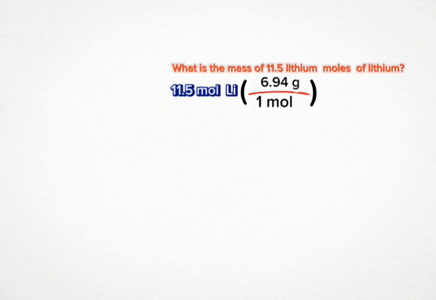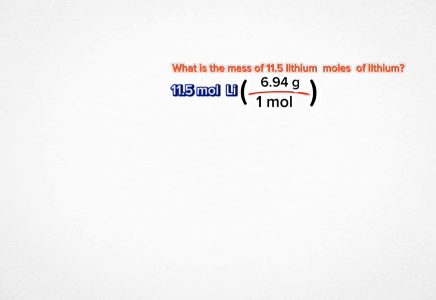11.5 moles of lithium. Next, multiply this by a conversion factor fraction. The molar mass of lithium is still the conversion factor. Because we are starting with moles, 1 mole goes on the bottom and 6.94 grams goes on the top.